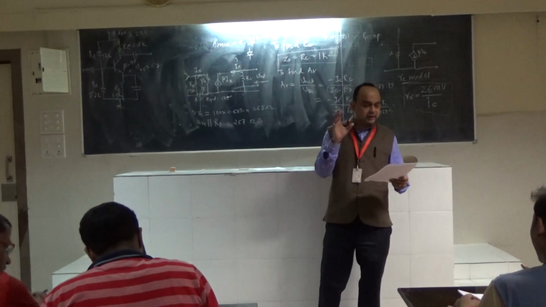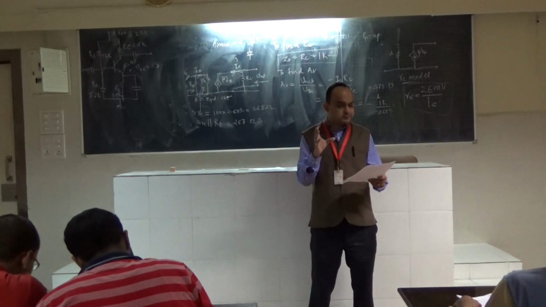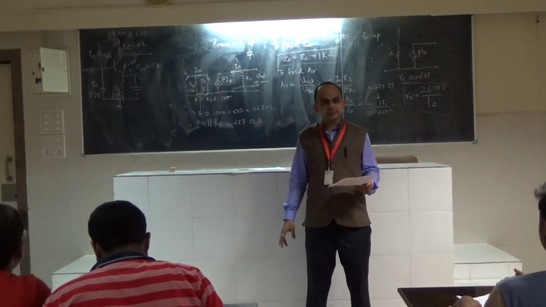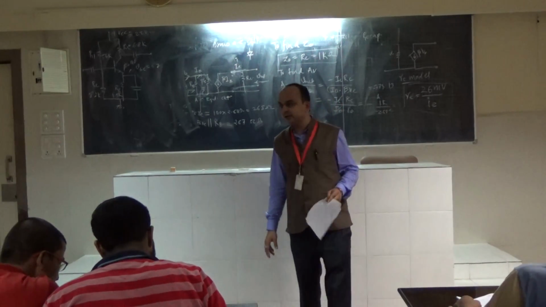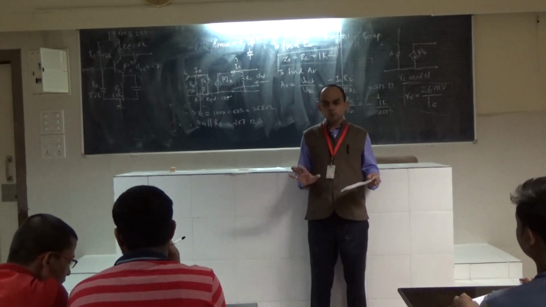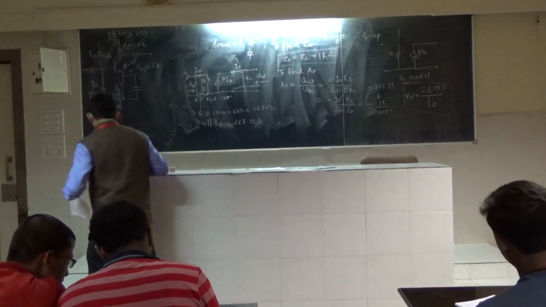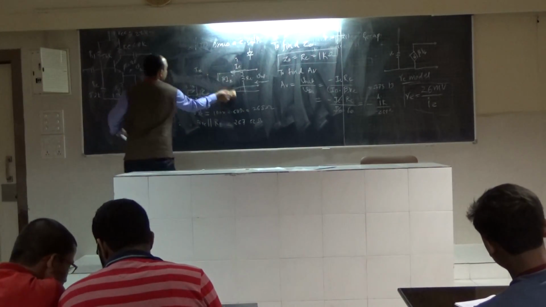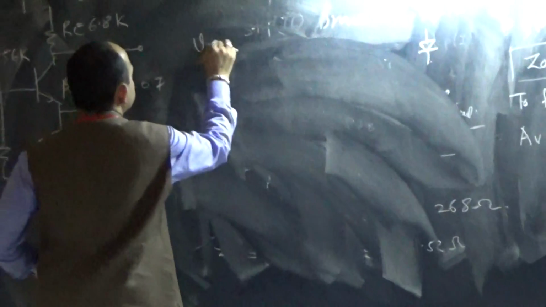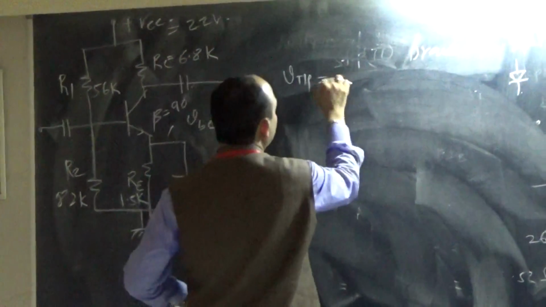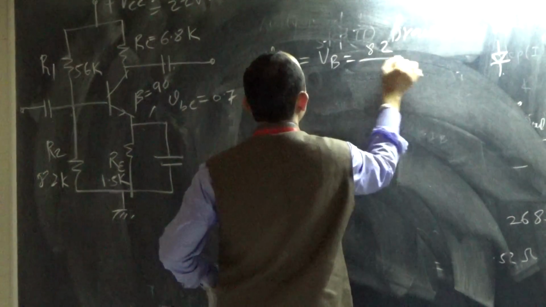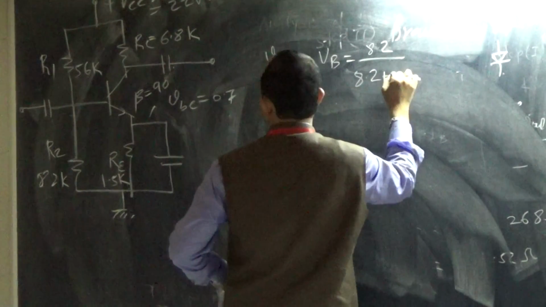आपने क्या किया 8.2K divided by 8.2K plus 56K into 22 किया क्या आपने, into 22 ही करोगे तो कैसा है, 2.81 आया है. 2.81 so VTH, or for simplicity, since this is connected to base, I will say VB equal to 8.2 divided by 8.2 plus 56.